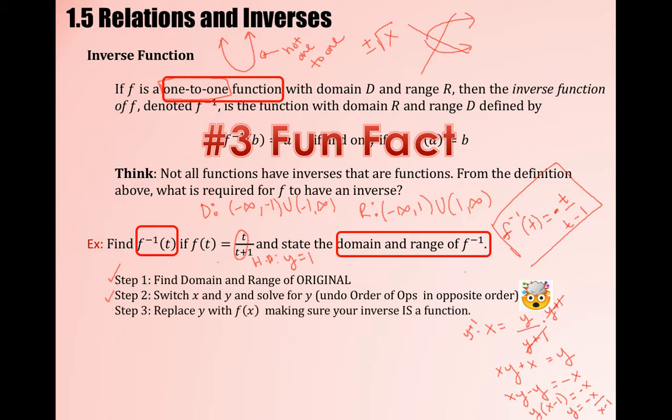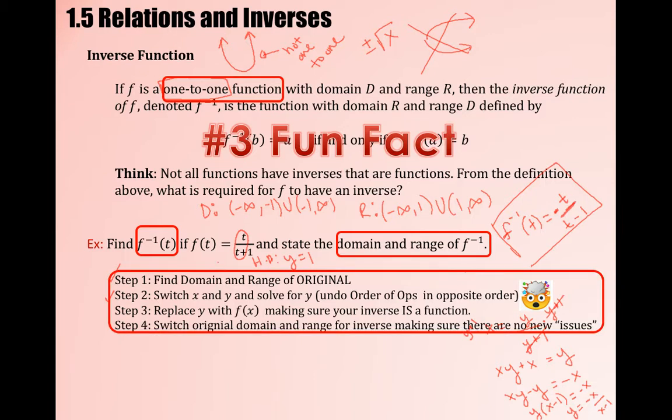Replace y with f of x, making sure your inverse is a function. We're good, right? This is a function. I already did that. Switch the original domain and range for the inverse, making sure there's no new issues.